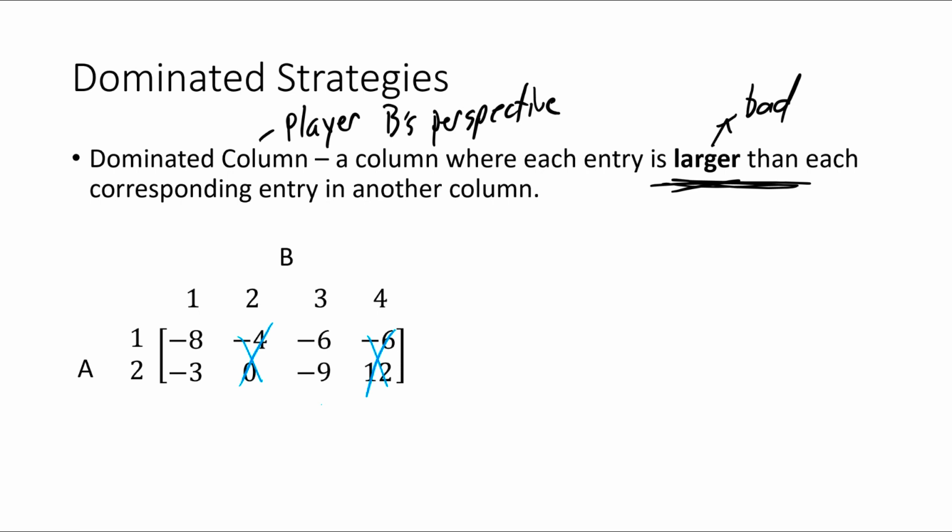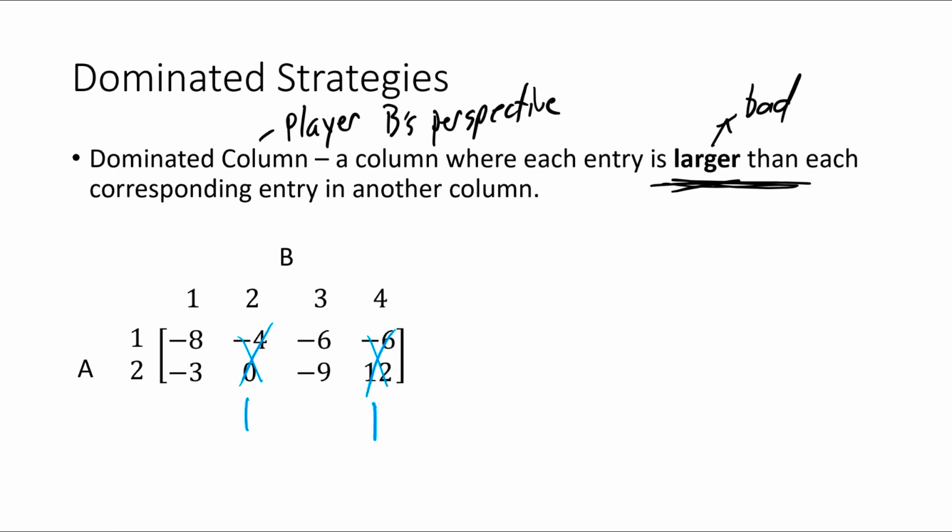Now let's compare columns 2 and 3. Winning $6, that's in column 3. Winning $6 is better than winning $4. Winning $9 is better than winning $0. So column 3 also dominates column 2. So right now we have columns 1 and 3 both dominate column 2. Then we'll move on to column 2 and 4.